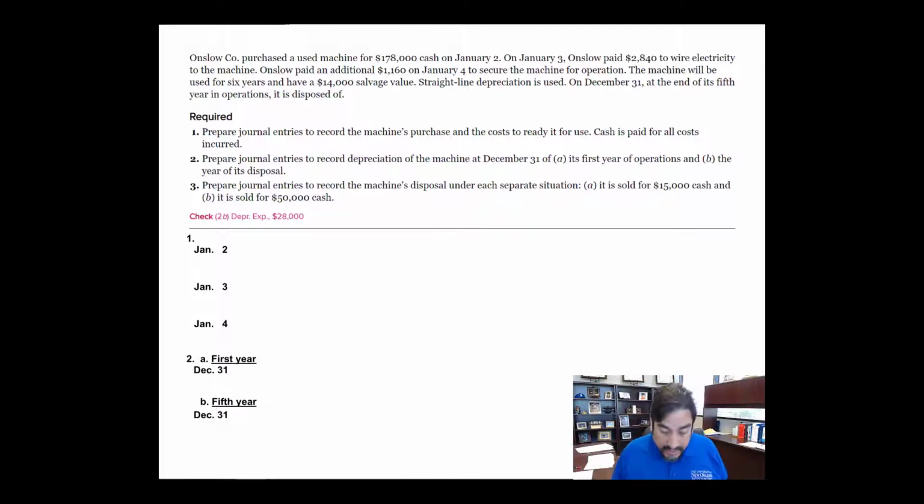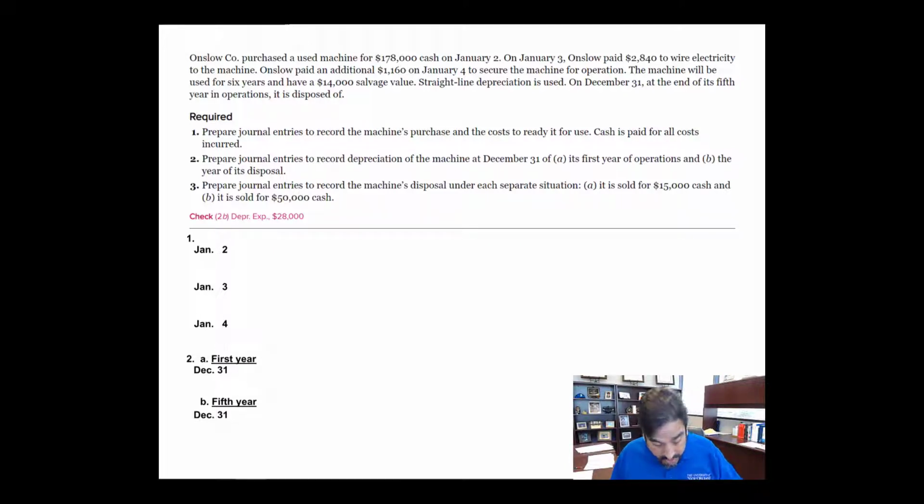So on January 2nd, January 2nd is when we bought the machine. Does it say what account we should be using? It doesn't.